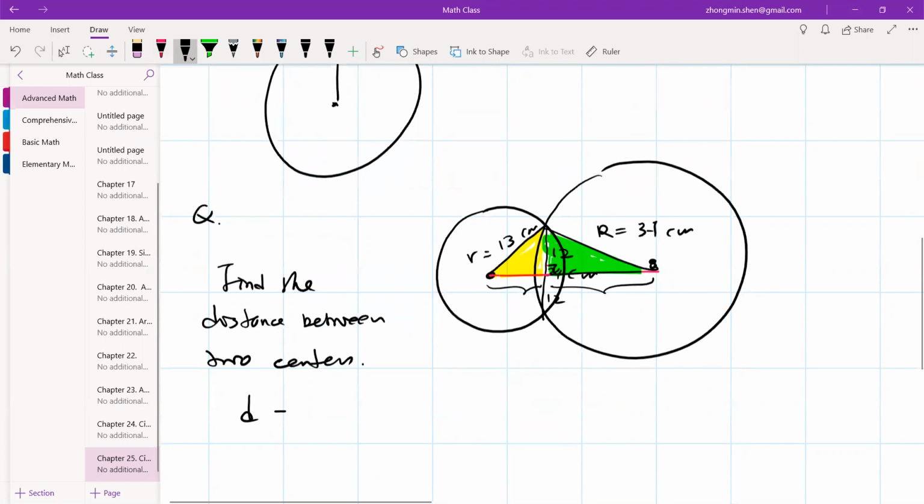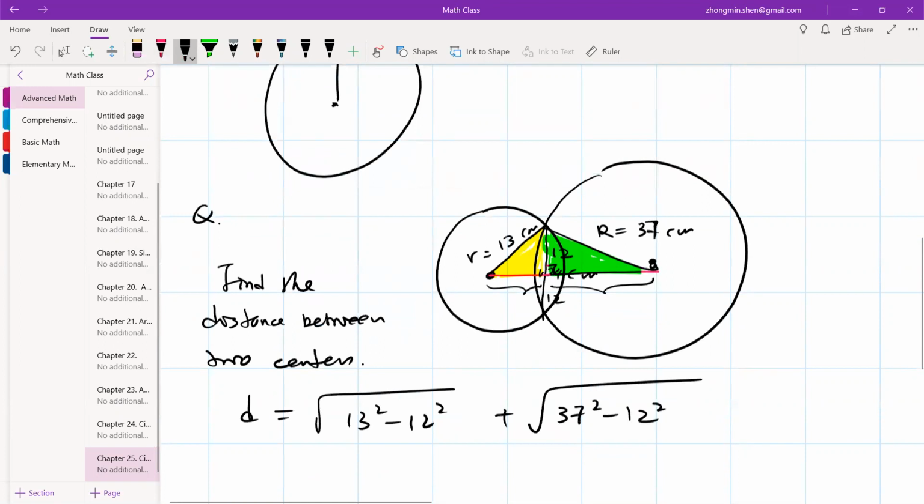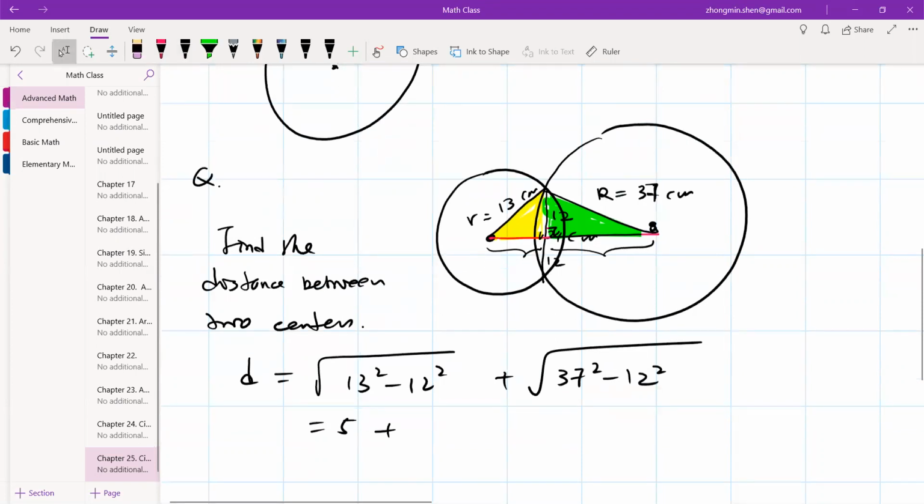So for the distance, the first one you apply the Pythagorean theorem: it will be 13 squared minus 12 squared, and the other one will be 37 squared minus 12 squared. When you compute it, this will be 5. For the other one, there's a famous special right triangle, 12, 35 and 37, so this will be 35.